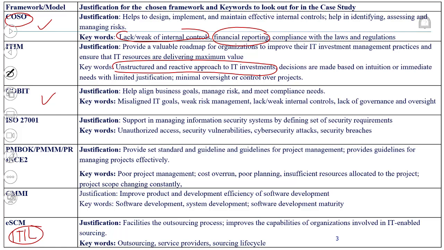The rest can wait because it's not very important to the business. So the keywords are those ones there: decisions are just being made by intuition, minimal oversight and control over objects. I added something here, for example, budget constraints.